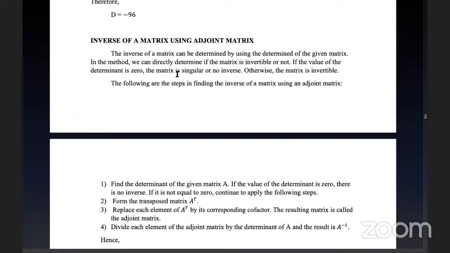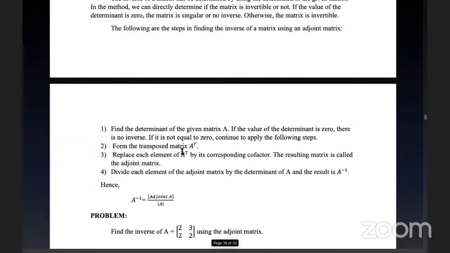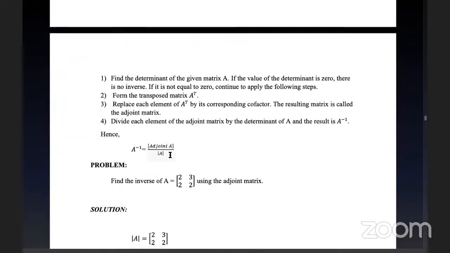And otherwise, kapag may value siya, invertible yung matrix natin or non-singular siya. Kasi di-divide mo yung mismong adjoint mo dun sa mismong value ng determinant. Kung 0 yan, wala siyang inverse yung mismong matrix mo. Okay, second, if determinant is 0, wala siyang inverse.